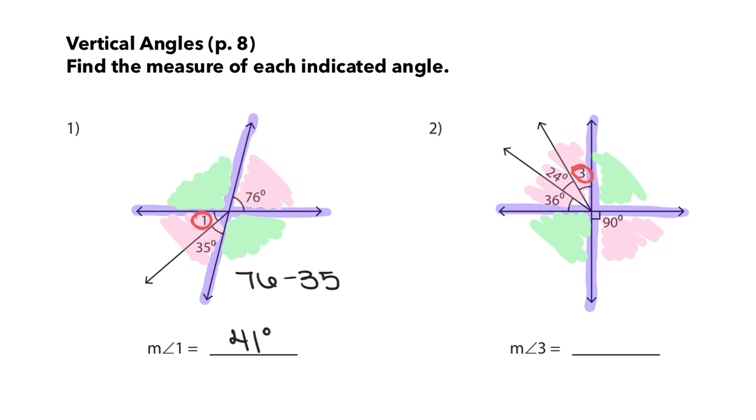They took my top left pink angle and split it into 3 pieces. What do I know about all 3 pieces? They have to add back up to the 90. So what am I going to do? Add the 2. We could combine the 36 and the 24, which is 60. Then 90 minus 60 is 30. So the missing value is 30.